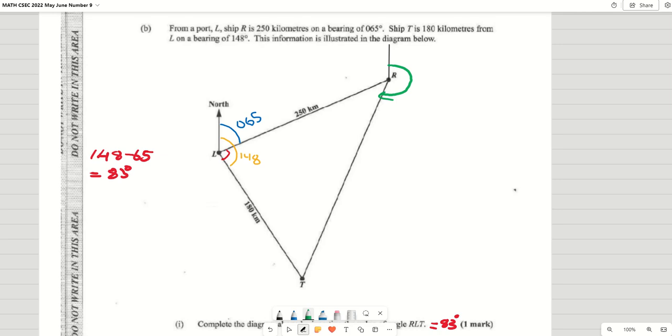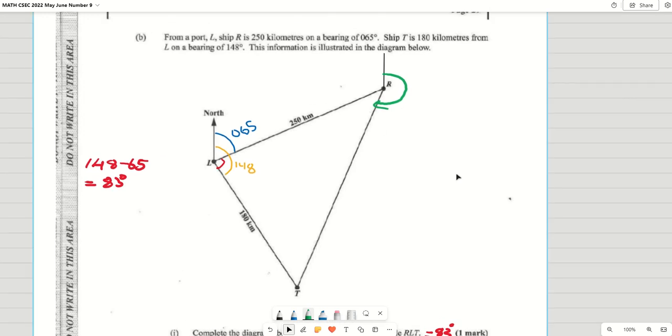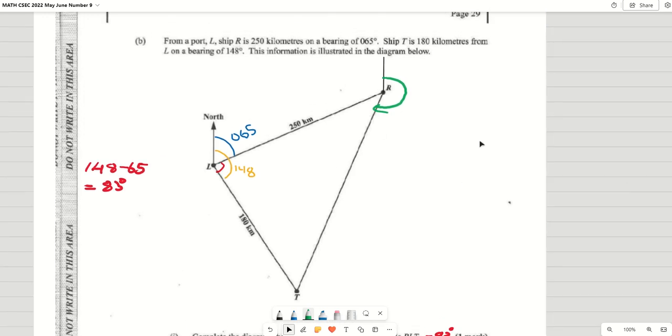Now to do that, there are a few things that we have to find out. First off, we can't just find it directly.